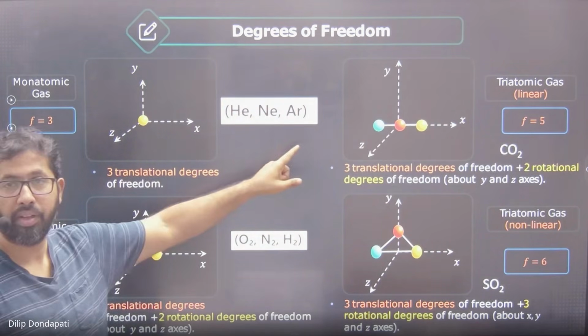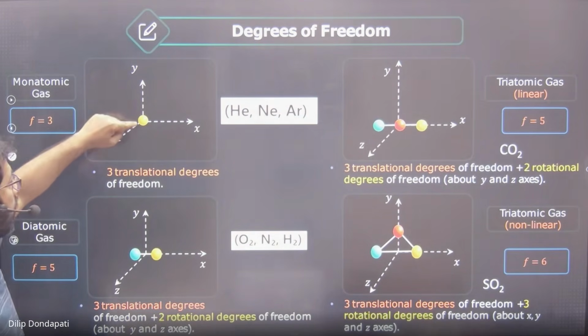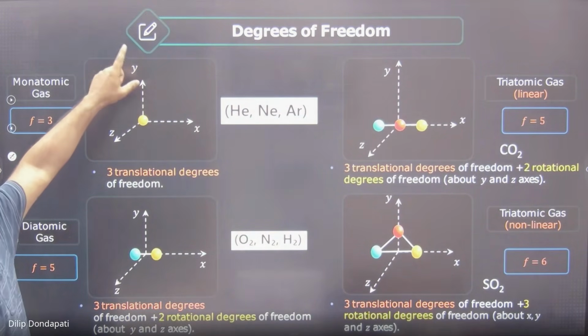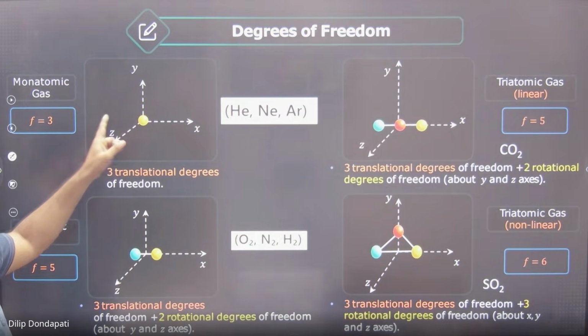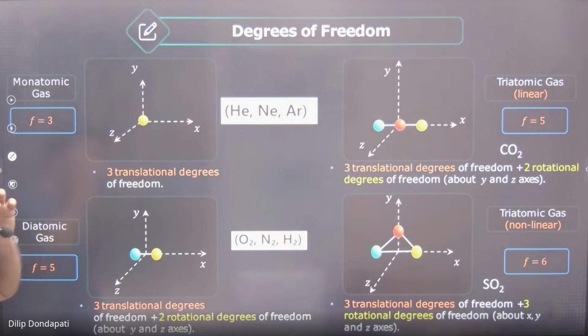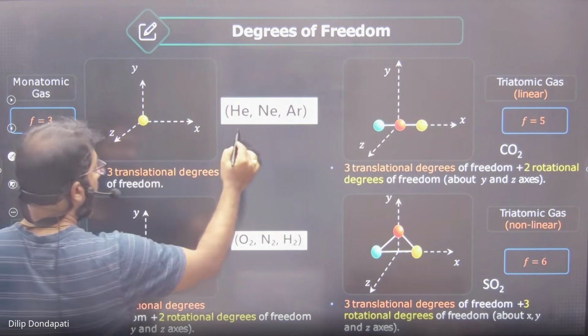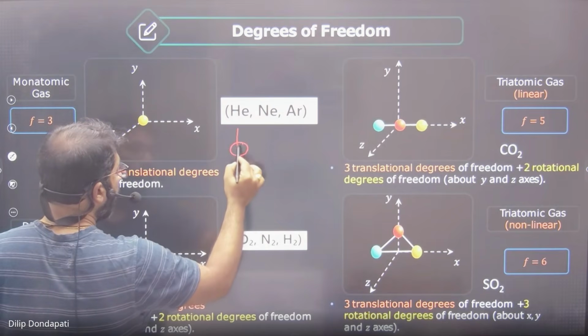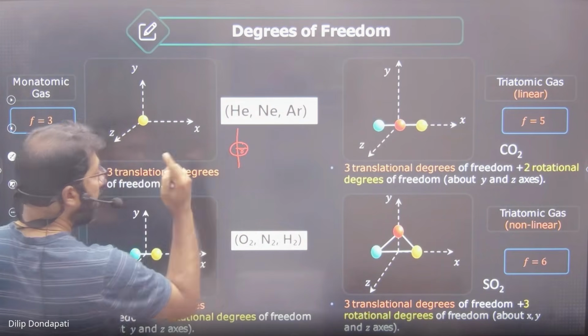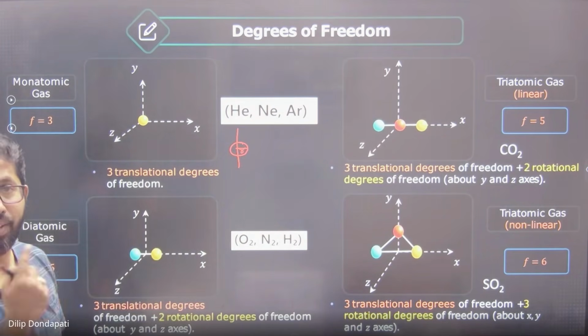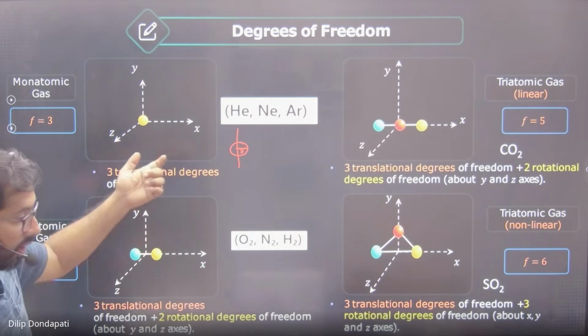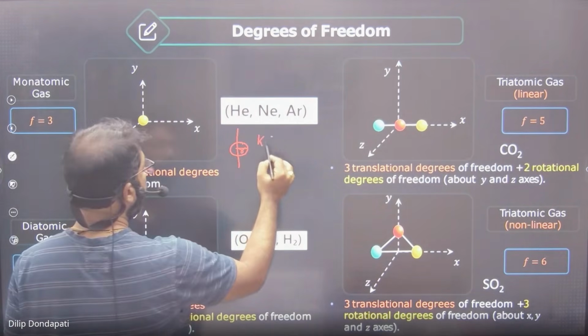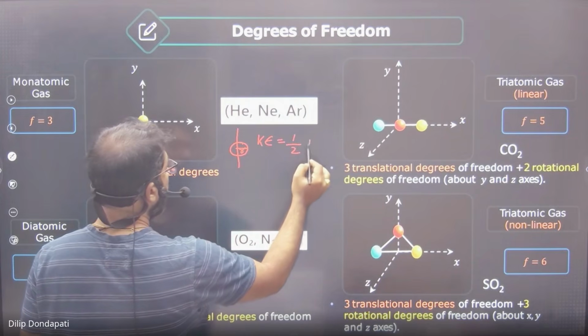It can go in y direction also, and in z direction also. But that small molecule can also rotate. What is the formula for kinetic energy?